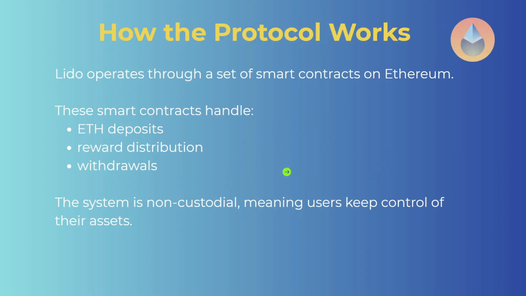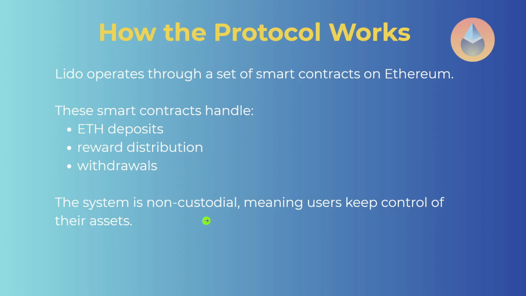So how does the protocol work? Lido operates through a set of smart contracts on Ethereum. This is why it is a DeFi protocol, because it is not governed by any central authority, like for example a bank or an exchange, but it works relying upon smart contracts. So these smart contracts handle ETH deposits, reward distribution, and withdrawals.